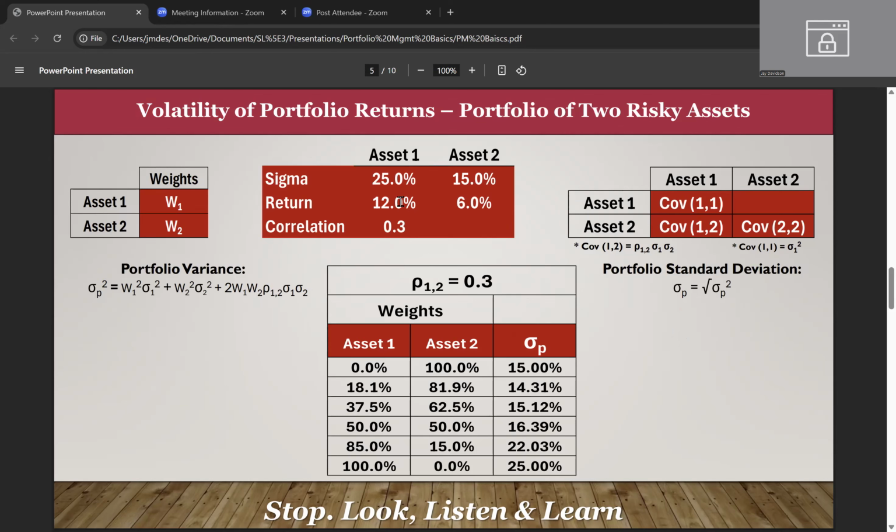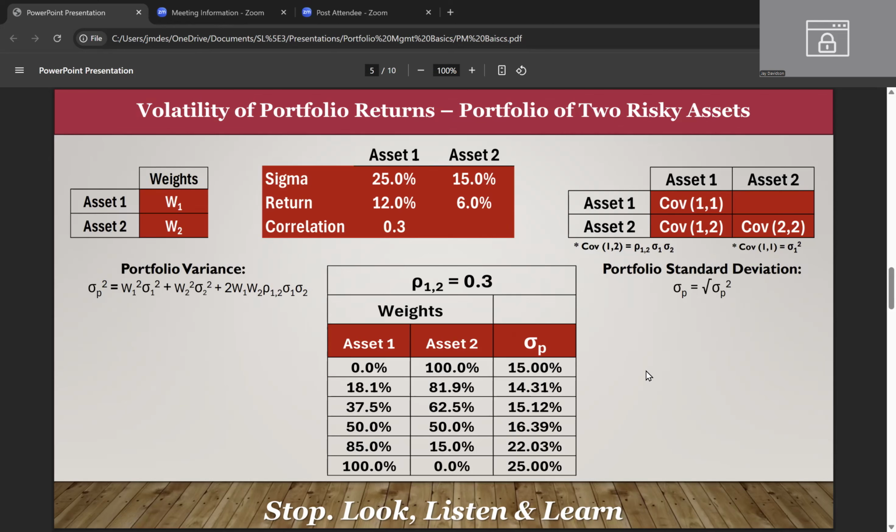And so that's basically how you compute the covariance, right? And the covariance basically can range from negative infinity to positive infinity. That being the case, it's really kind of difficult to interpret the covariance.